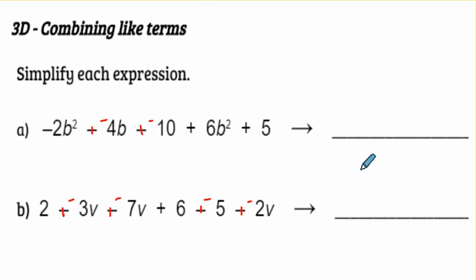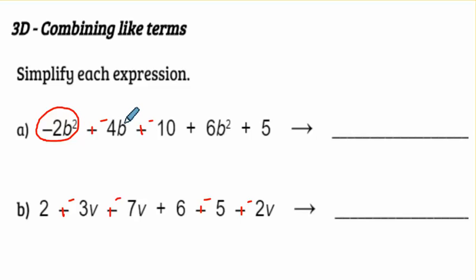All right, now it's just a matter of combining the like terms. If I start here with negative 2b squared, I'm going to be looking for other terms that have a b squared. It has to have the exact same variable with the exact same exponent.